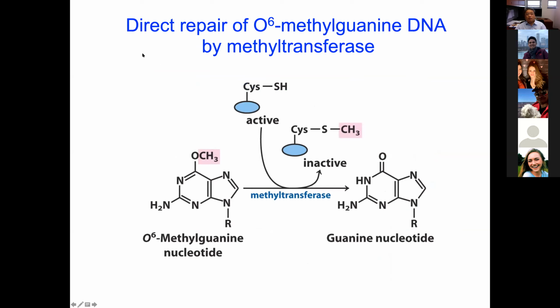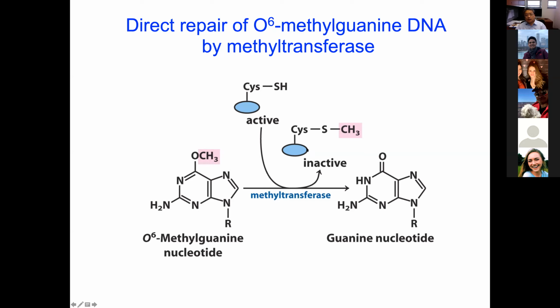a repair mechanism, which is a family of enzymes called methyltransferase. And this enzyme specifically repairs the O6-methylguanine in DNA. This enzyme has a cysteine residue in its active site, and it can react with this modified methylguanine to remove that methyl group.